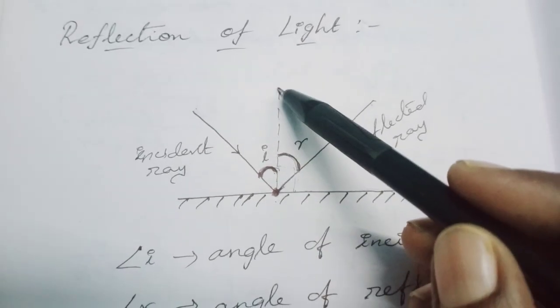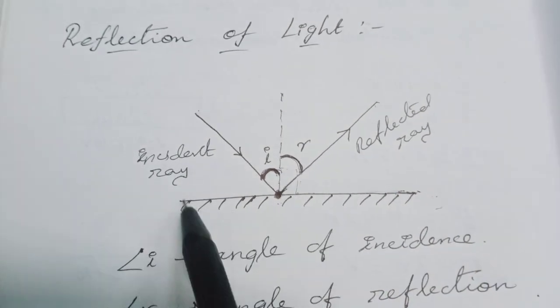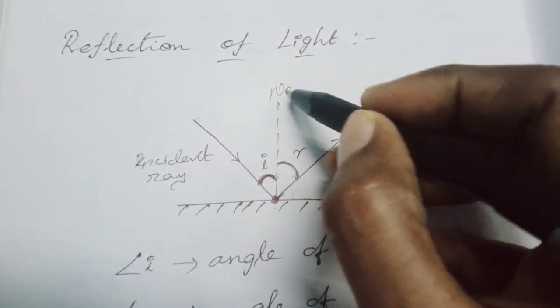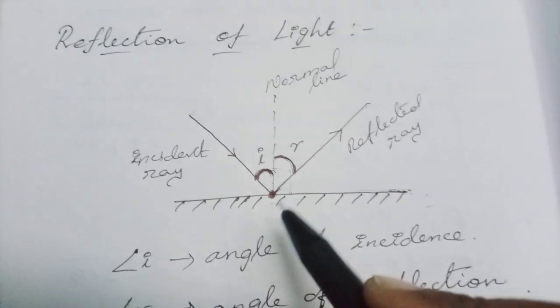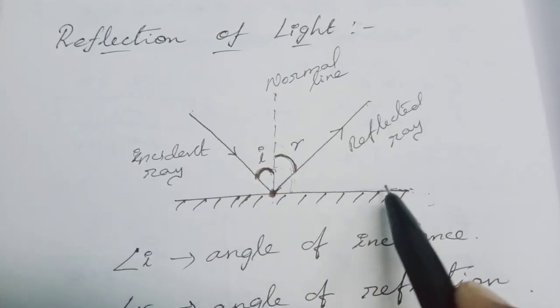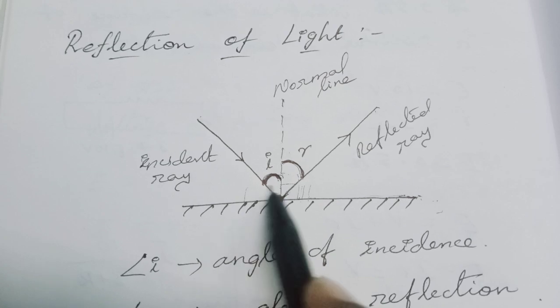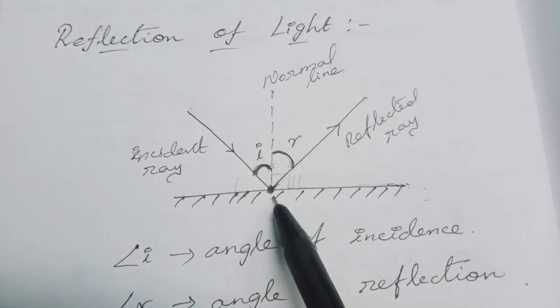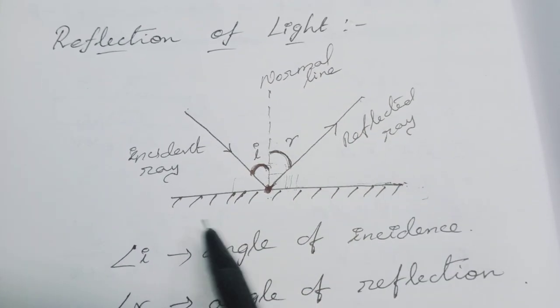The normal line should be perpendicular to the plane surface, so this angle should be 90 degrees. Only then is it a perpendicular line. That is called the normal line.